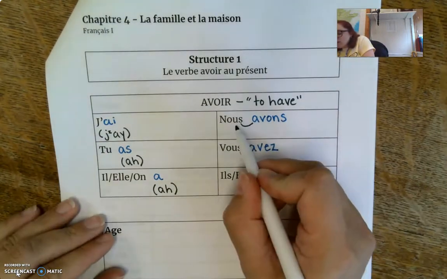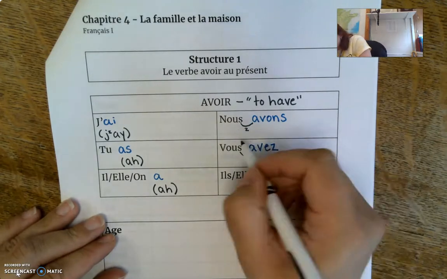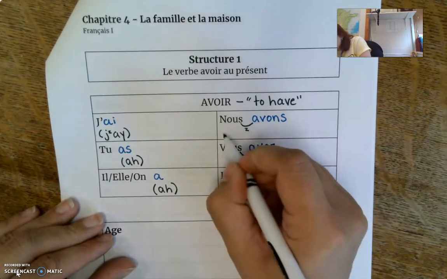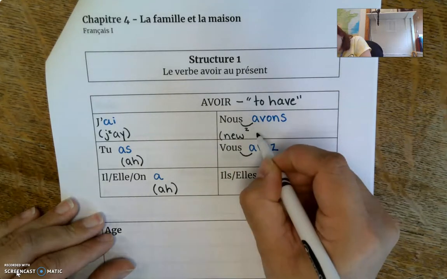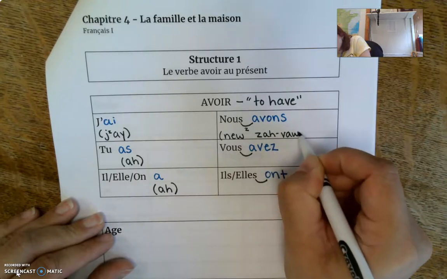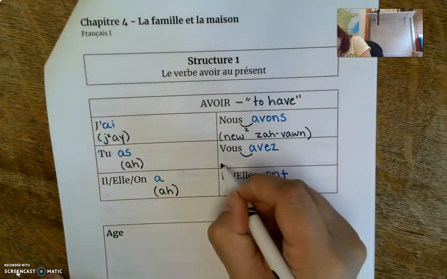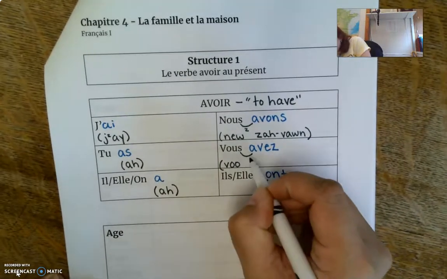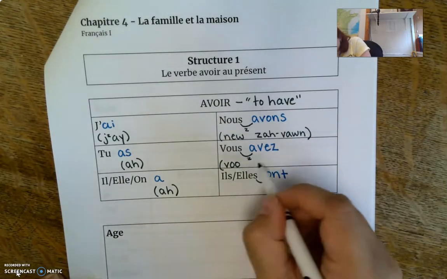So it's not nous avons, we have nous avons. So this becomes nous, like we would normally say nous, and this is avons. Nous avons. We have vous, like we would normally say, but that S sound travels over. It's vous avez.